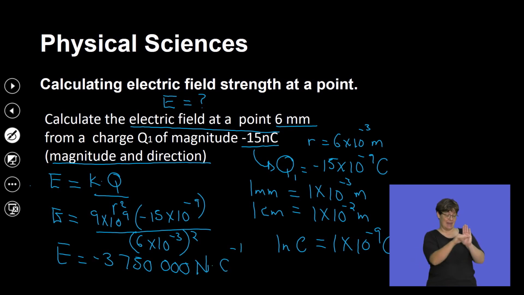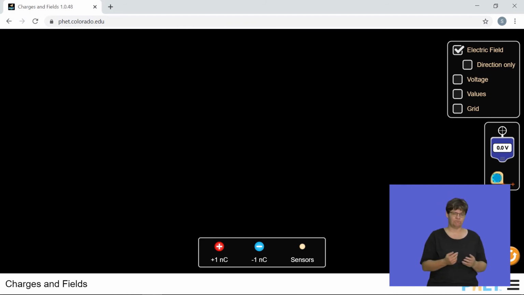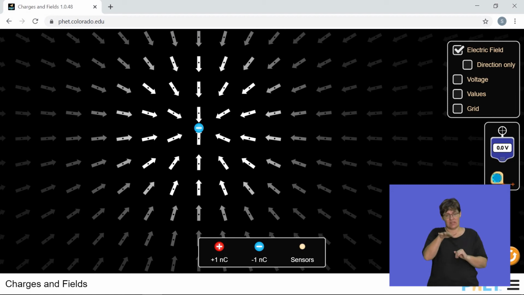So there's this negative. Now let's look at a case using the simulation to unpack the negative. The charge that we have, the negative 15 nanocoulombs, is a negative charge. So let's say that point is somewhere there, 6 millimeters away from that negative 15 nanocoulombs. What this says to us is that the unit positive charge at that point X experiences a force towards that negative charge.